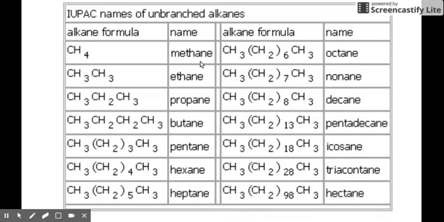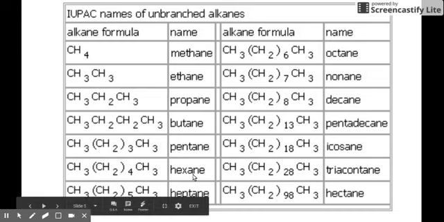So if it's one carbon, you use meth as the first part of the name, and then it ends in ane, so methane. If it's two carbons, it's ethane, so it starts with eth. For 3, it's propane. If it's 4, butane. If it's 5, it's pentane.